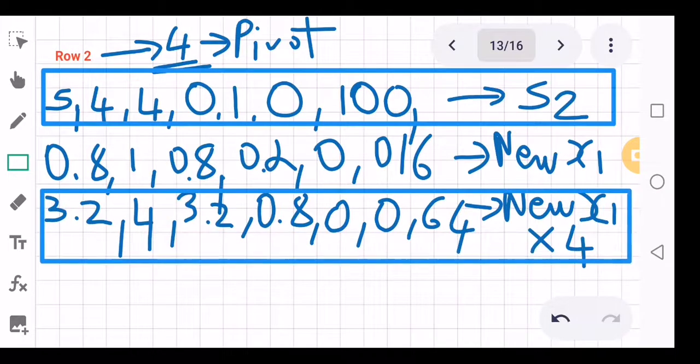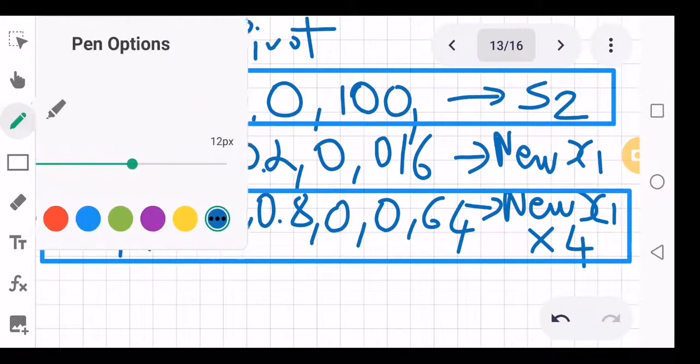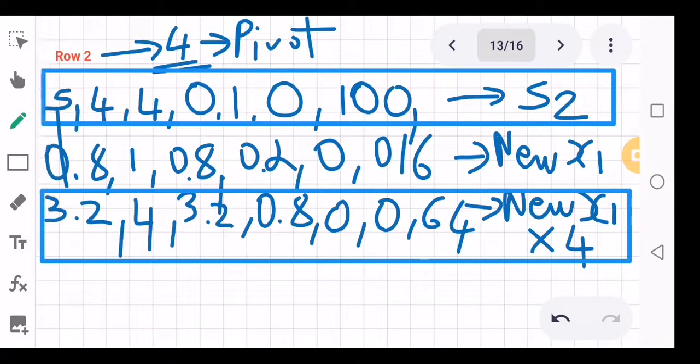So now we need to do subtraction. 5 minus 3.2 is 1.8.